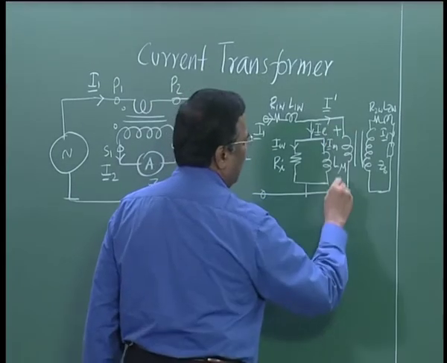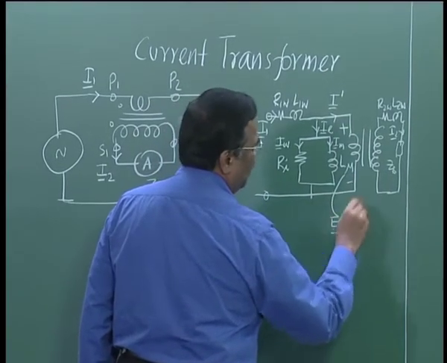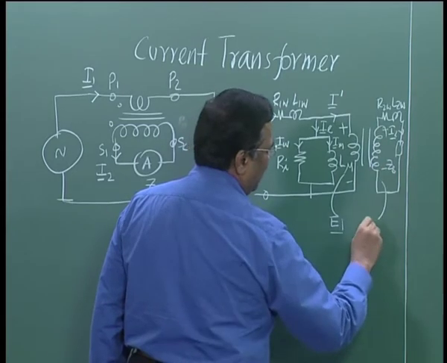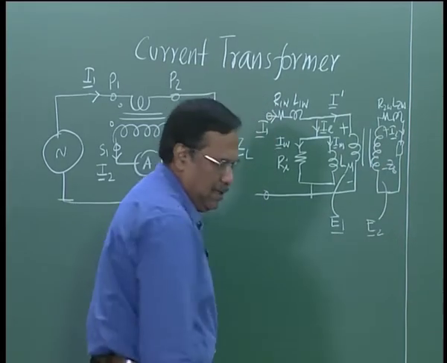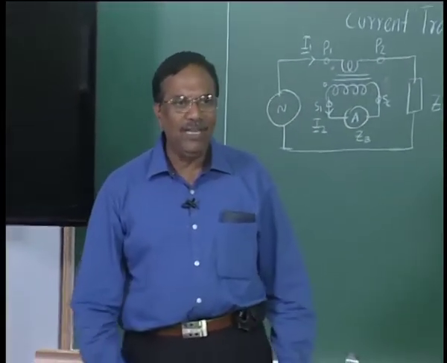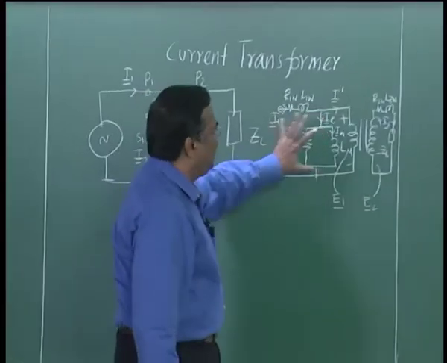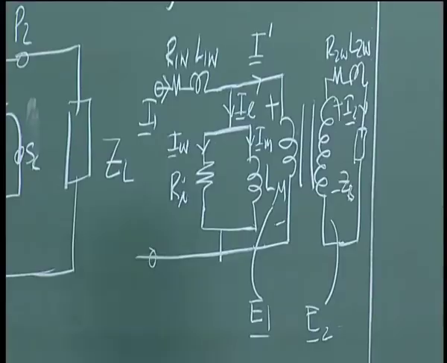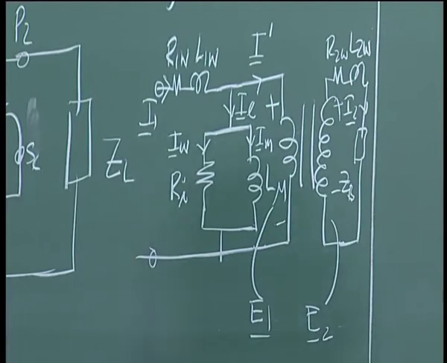So, the induced EMF here would be E1, the induced EMF on the secondary would be E2. And in the last class we also saw that only E1 and E2, because now all the non-idealities of the practical transformers we have represented in terms of equivalent circuit parameters. The transformer here now is an ideal transformer, right. So, E1 by N1 will have to be E2 by N2, right. Similarly, I1 prime by N1 must be equal to I2 by N2, right.